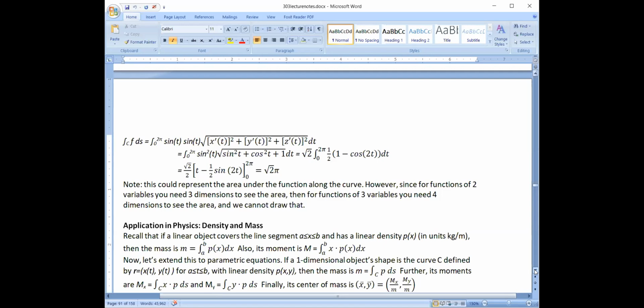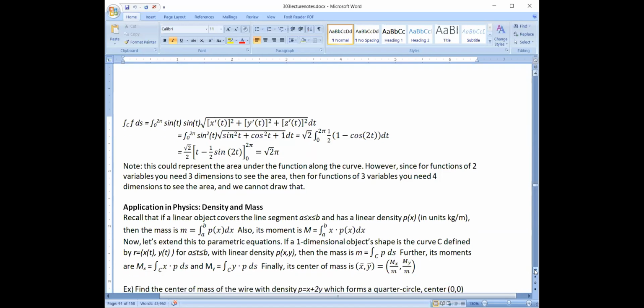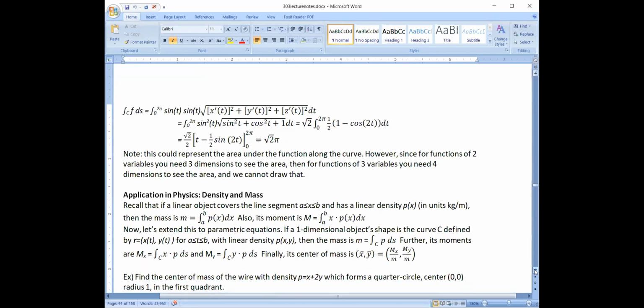So let's take a look at how this would work for a problem. Okay, so find the center of mass of the wire with this density, p equals x plus 2y, which forms a quarter circle with center 0, 0, radius 1, and it's in the first quadrant.